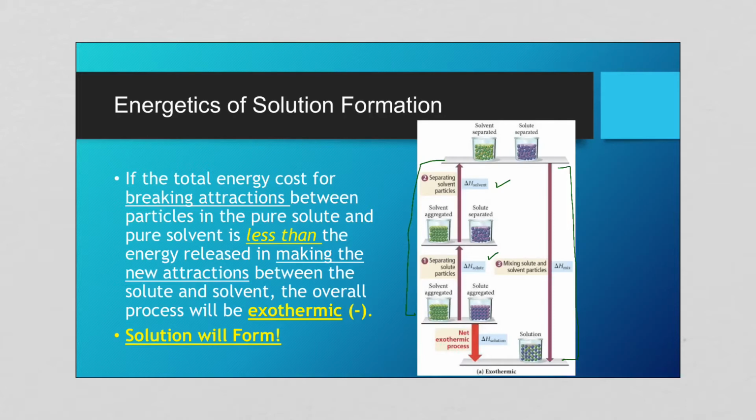So when you add 1 plus 2 plus 3, in this case, we're going to get a negative answer. We have an exothermic process. Energy is overall given off, and so our delta H of solution is negative. The solution will form. Pretty straightforward.